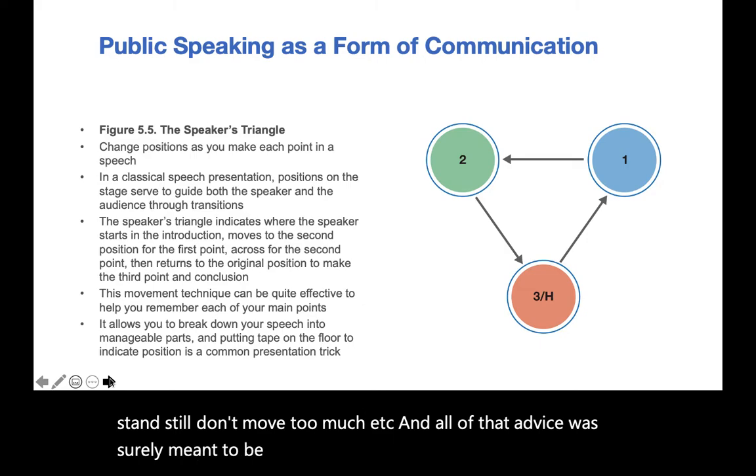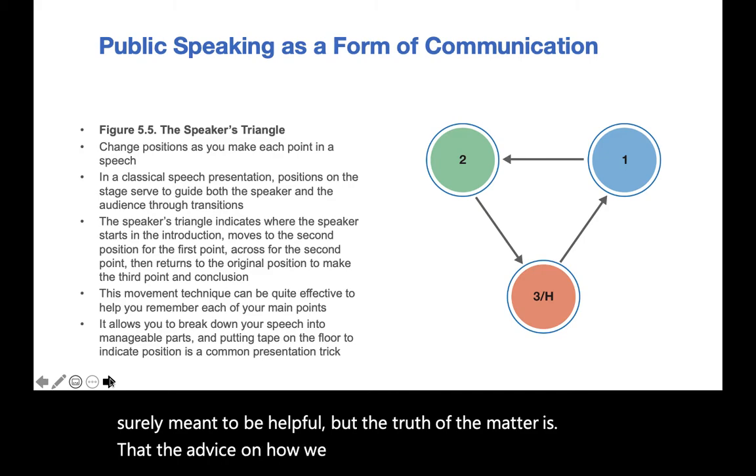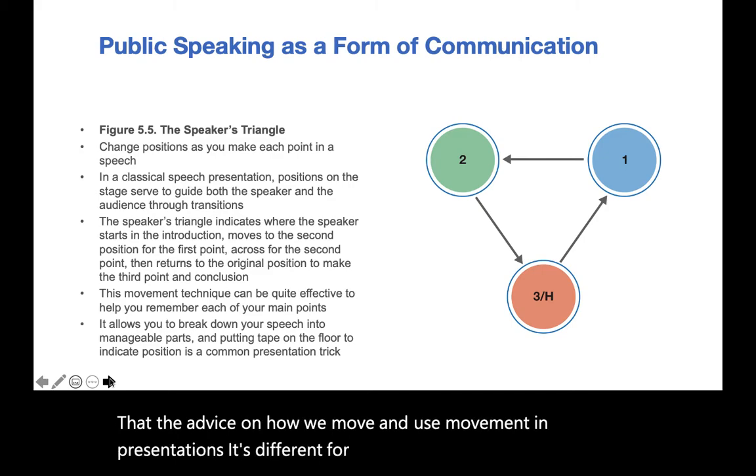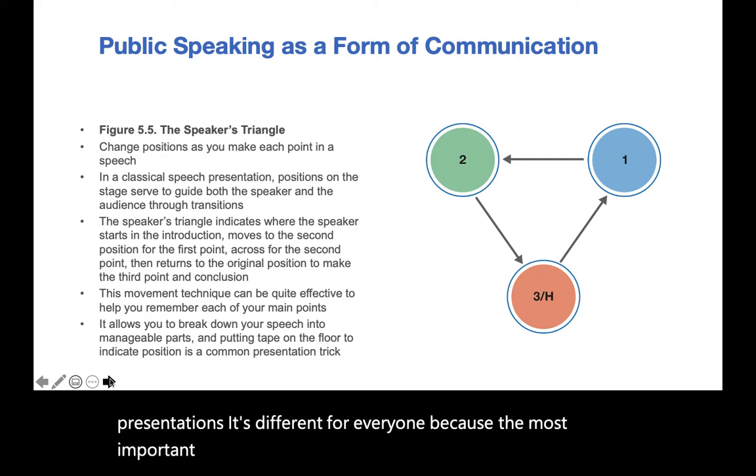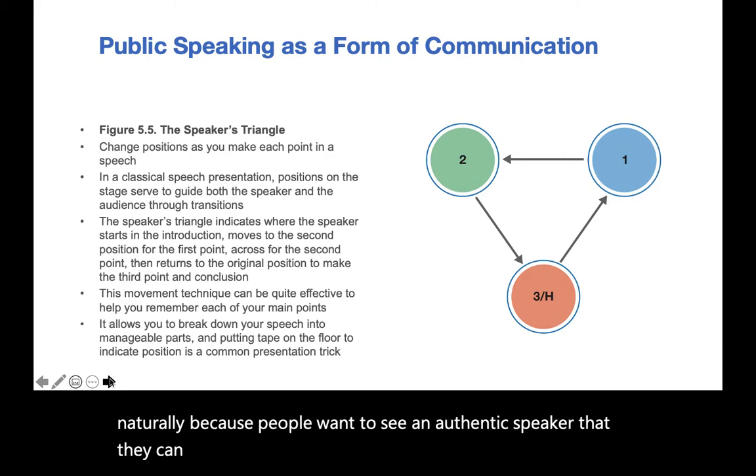But the truth of the matter is that the advice on how we move and use movement in presentations is different for everyone, because the most important thing is that you are comfortable and that you move naturally, because people want to see an authentic speaker that they can connect with and relate to.